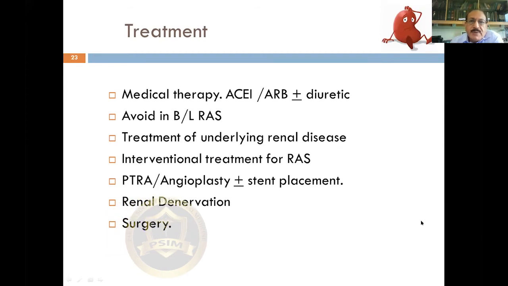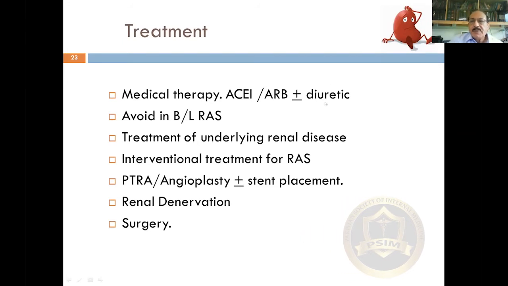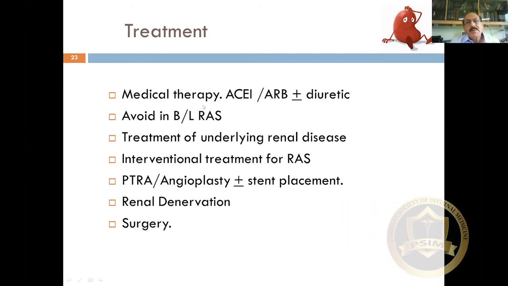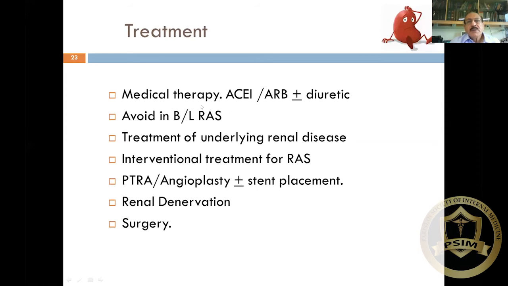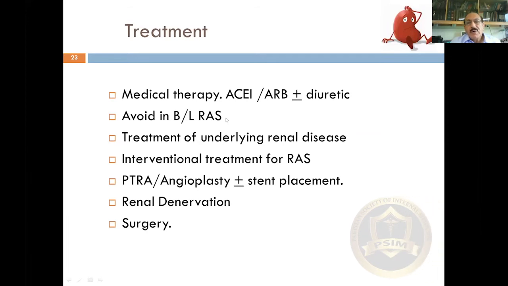So coming to the treatment of renovascular hypertension, if it is a unilateral disease, then ACE inhibitors or angiotensin receptor blockers and diuretics are the treatment of choice. But if there is bilateral renal artery stenosis, then they should be avoided. And of course, you treat the underlying disease.